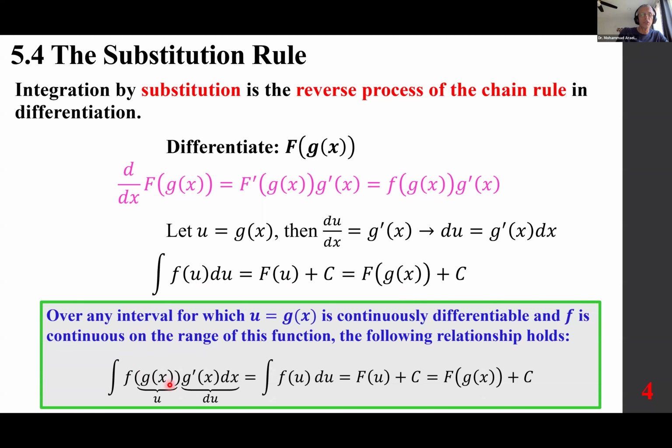The integral of f of g of x, g prime of x dx, where g of x is the u function, g prime times dx, their product is du. We are looking at the integral of f of u du, which is capital F of u plus c, and u is g of x, so capital F of g of x plus c. So it makes it the reverse process of the chain rule, everybody.